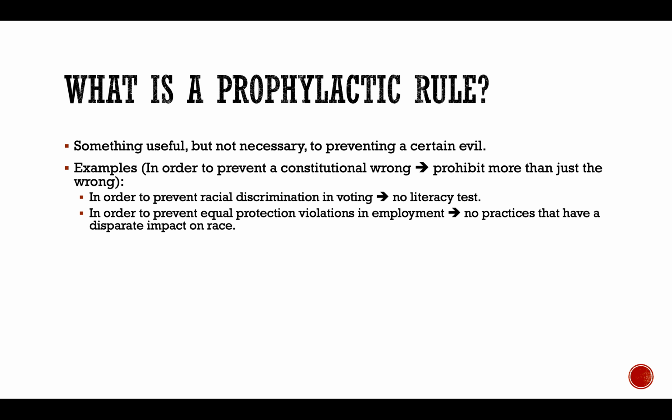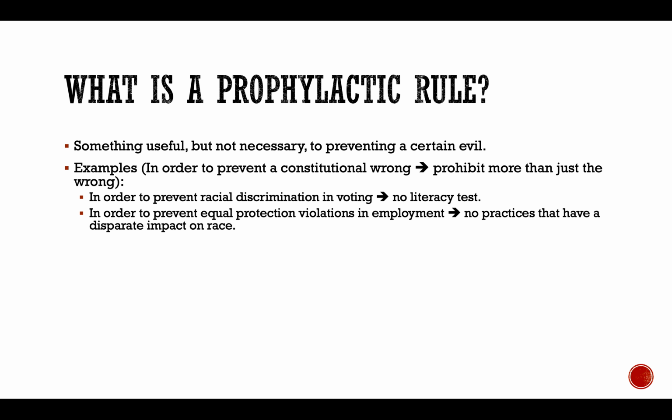So let's say that there is a test that's given that just so happens that 75% of white people pass the test and 25% of black people fail the test. That would be a practice that has a disparate impact. Now, there might not be anything unconstitutional in and of itself in giving the test, but Congress wants to make sure that states aren't hiring in a 75-25% proportion, and therefore Congress says no tests.